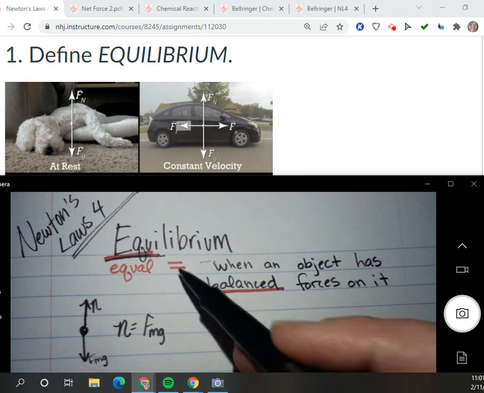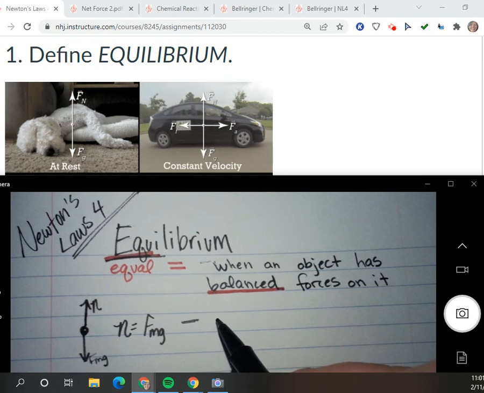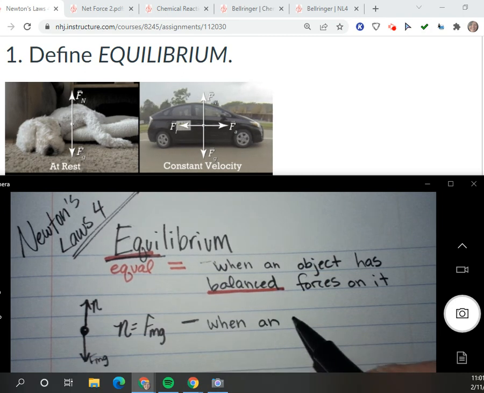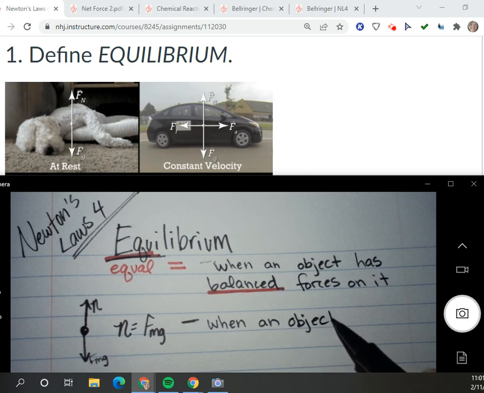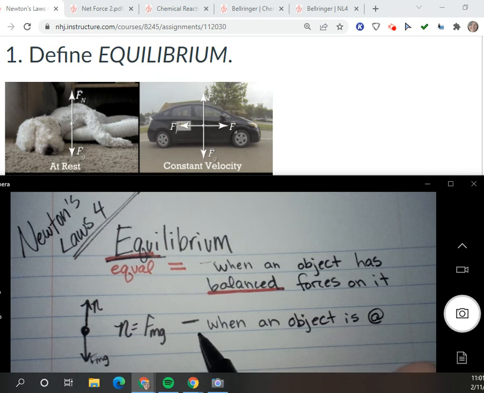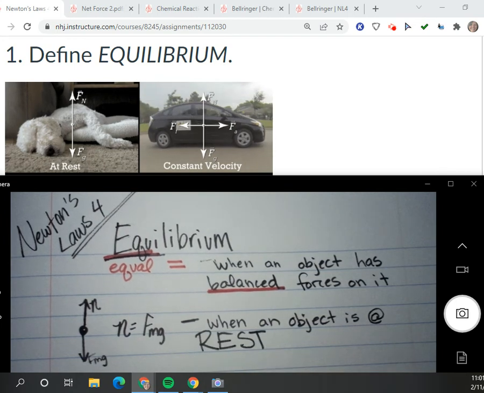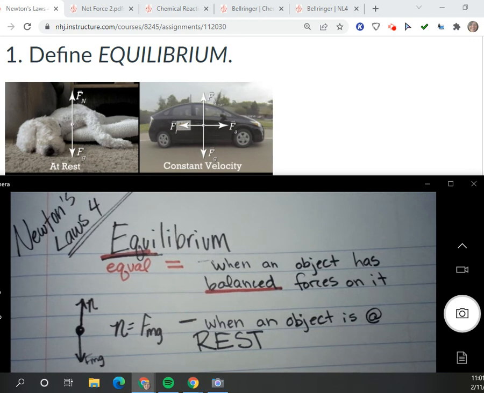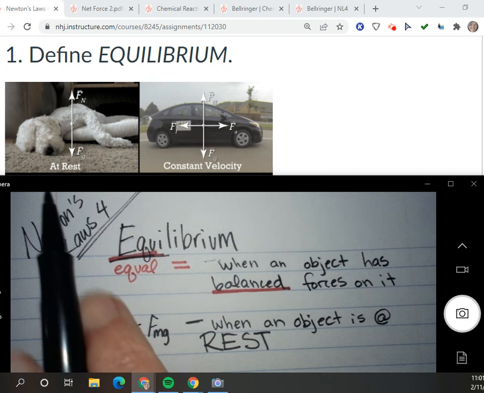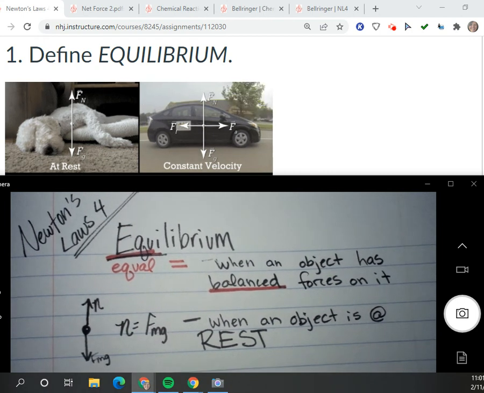So, equilibrium is when an object is at rest. Your desk is at rest right now. It is sitting still. If something is at rest, like Puppy Dog is at rest, what is their speed?